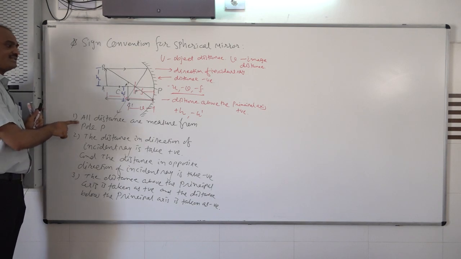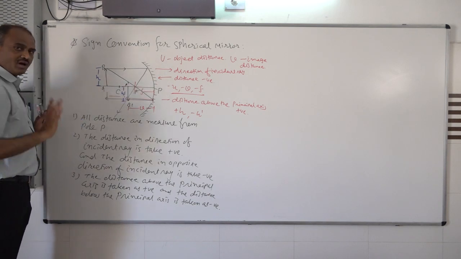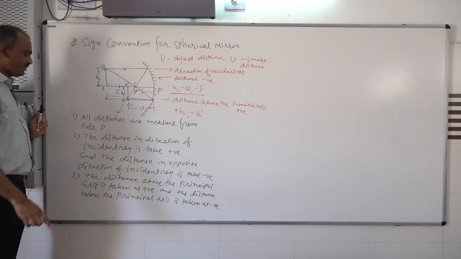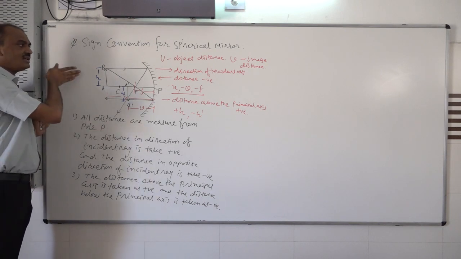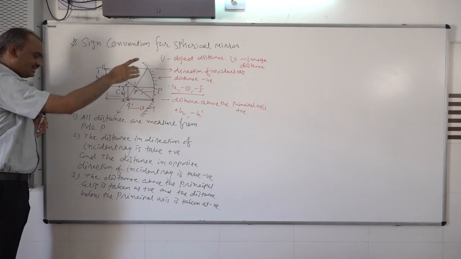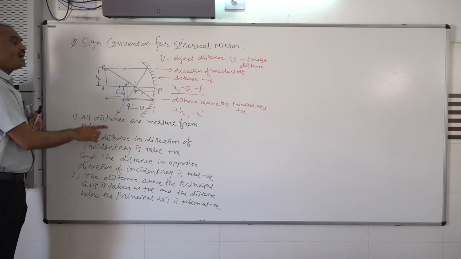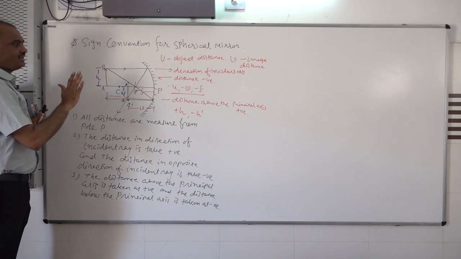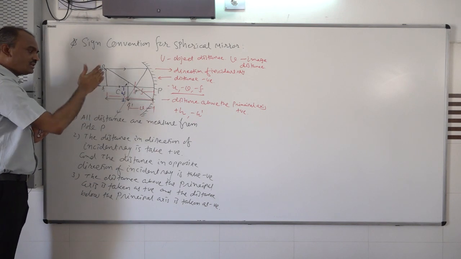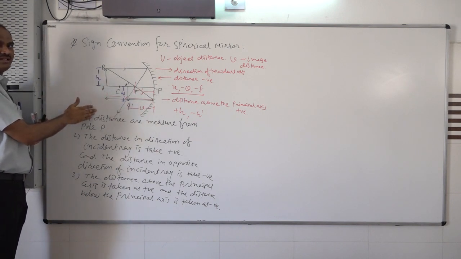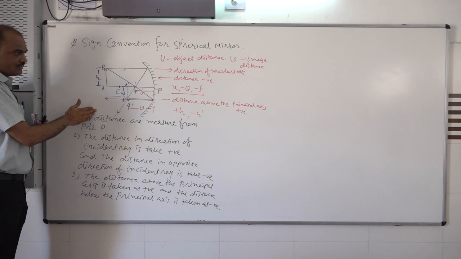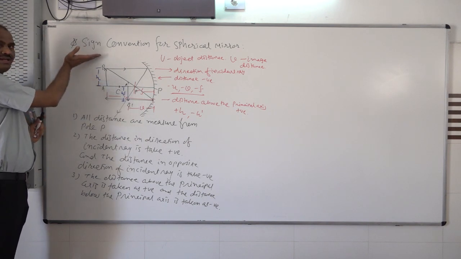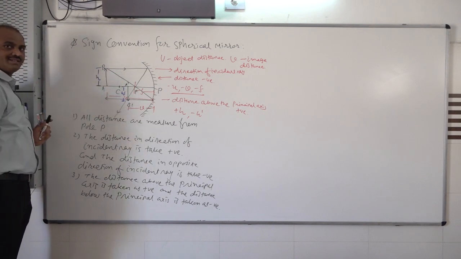All the distances are measured from point pole P. The distance in the direction of incidence rays is considered positive, and the distance measured opposite to the direction of incidence rays is considered negative. Distance above the pole is considered positive and distance below the pole is considered negative.